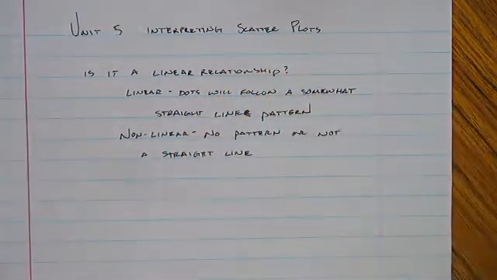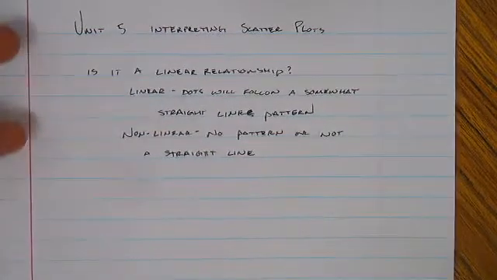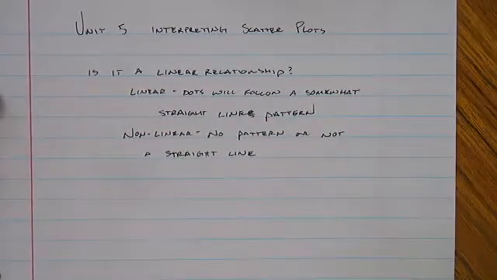So we've got our first description being nonlinear versus linear. And it's very easy. We're just going to look at the graph and talk about whether or not it has a straight line relationship kind of revealing itself.